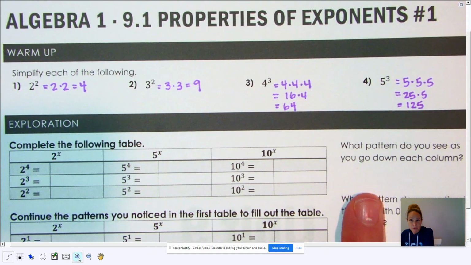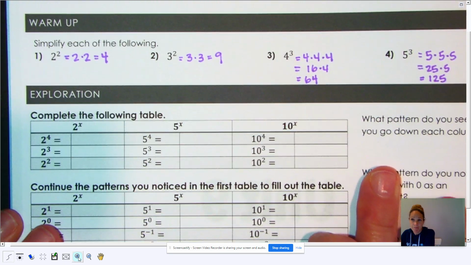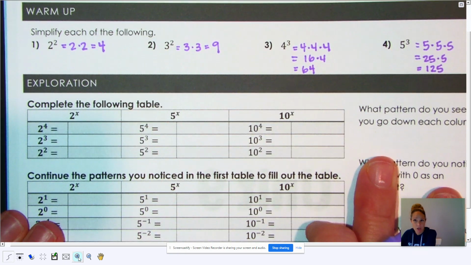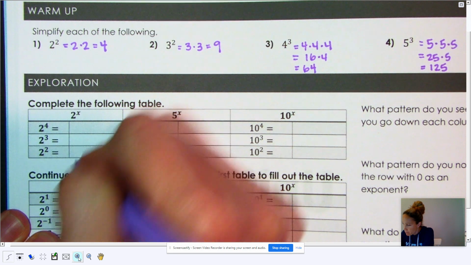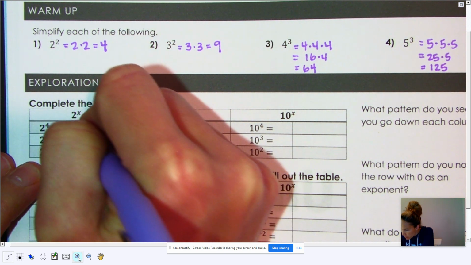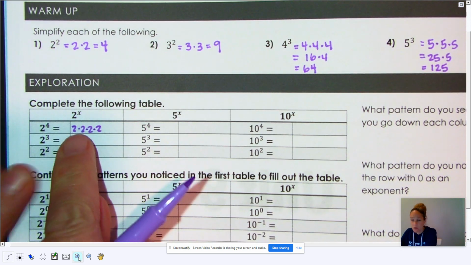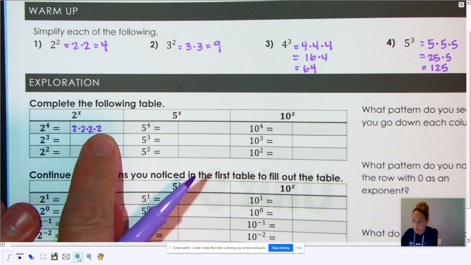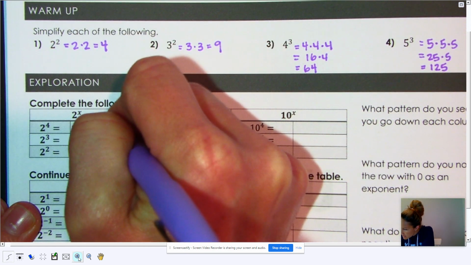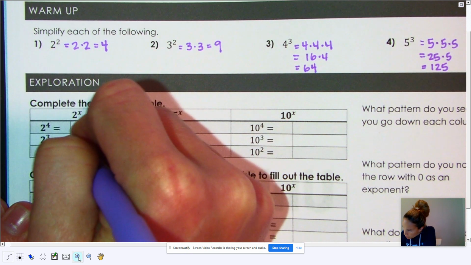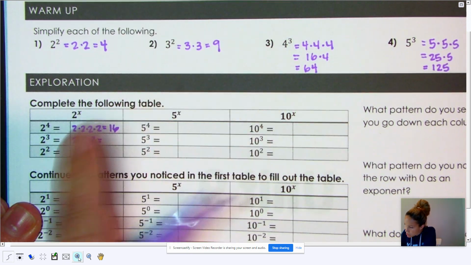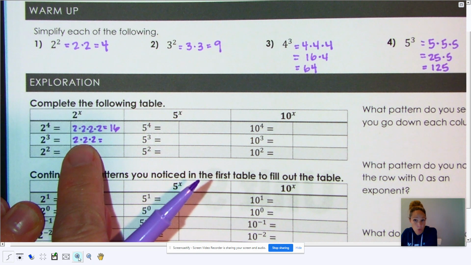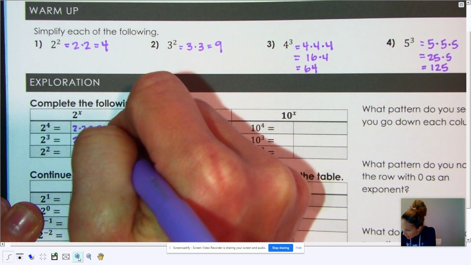So for our exploration, what we're going to look at is stuff that we already know. 2 to the fourth is just 1, 2, 3, 4 twos. Well, I know 2 times 2 is 4, times 2 is 8, times 2 is 16. I know 2 to the 3 is 2 times 2, which is 4, times 2, which is 8.